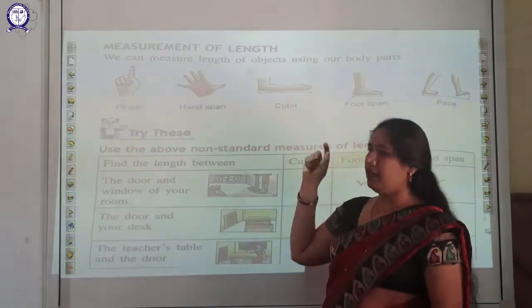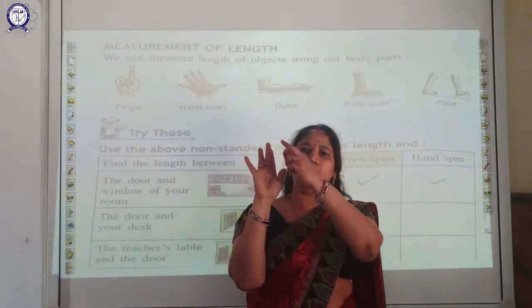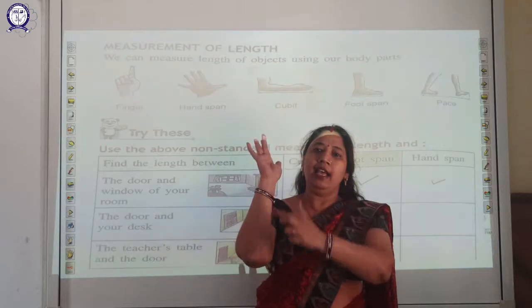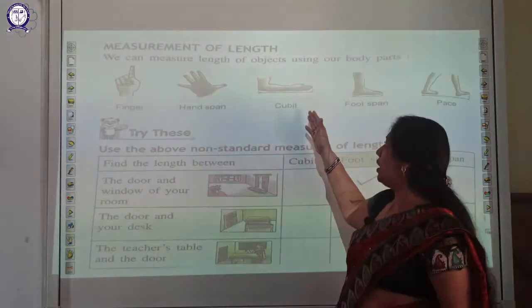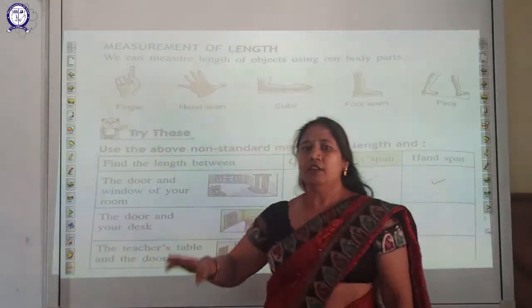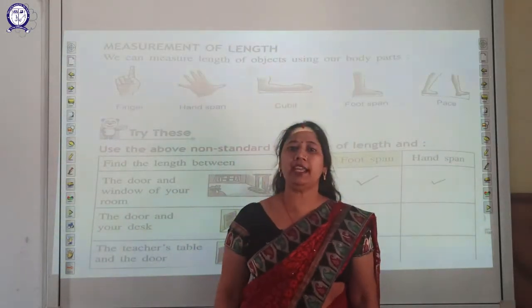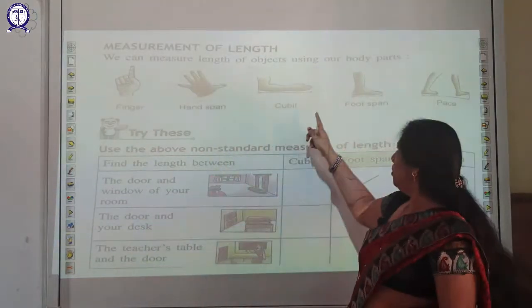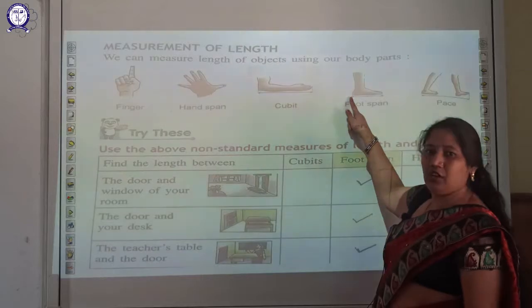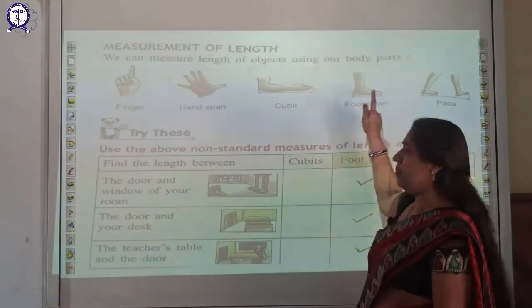Next is cubit, your elbow to your middle finger. That is called cubit. Foot span, your thumb to your heel. Look here. This is your heel and this is your thumb.